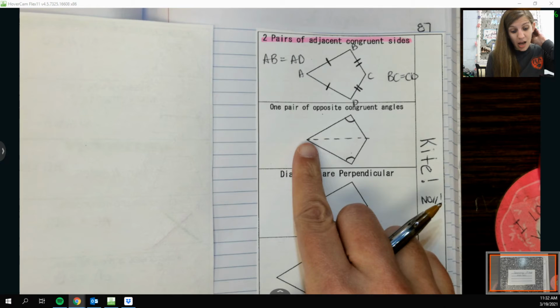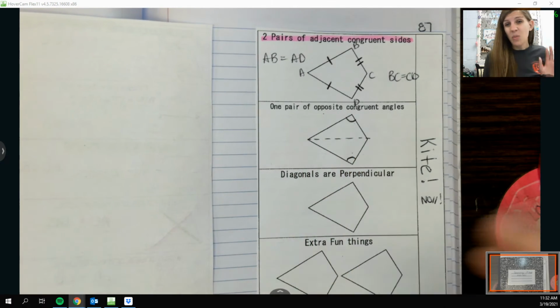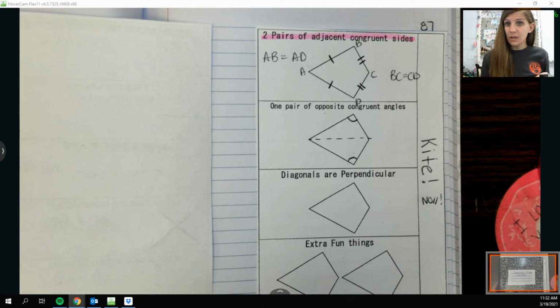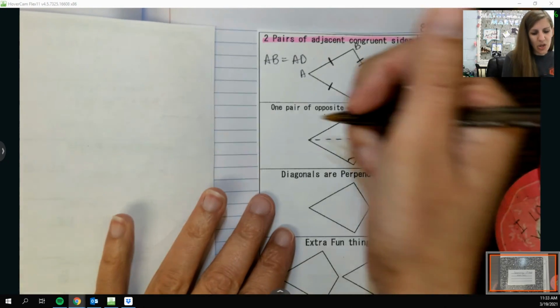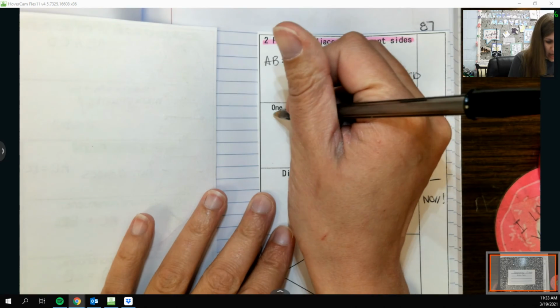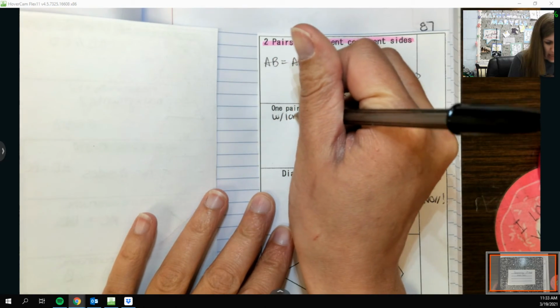If I draw the long diagonal in, one will always be longer and one will always be shorter, because if not, then it would be a rectangle or a square. So one pair of opposite congruent angles with the long diagonal.